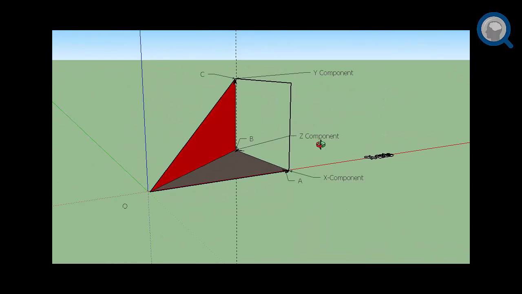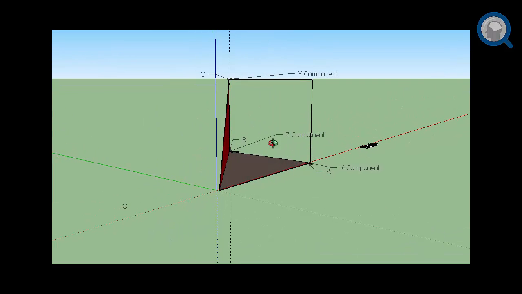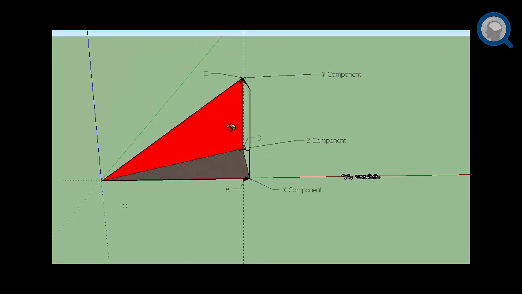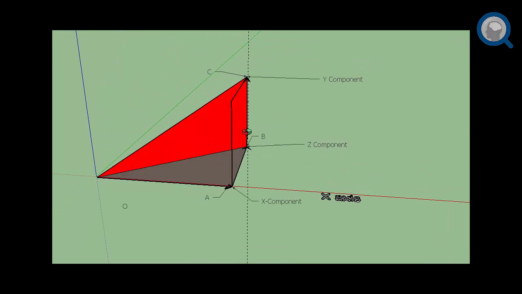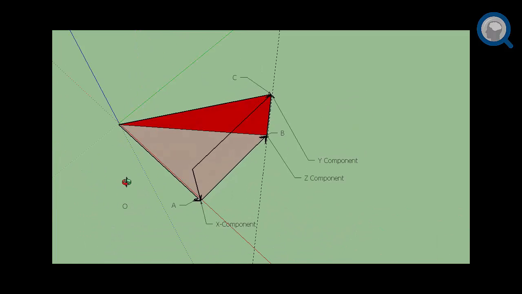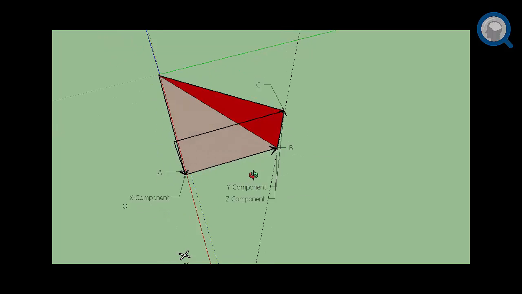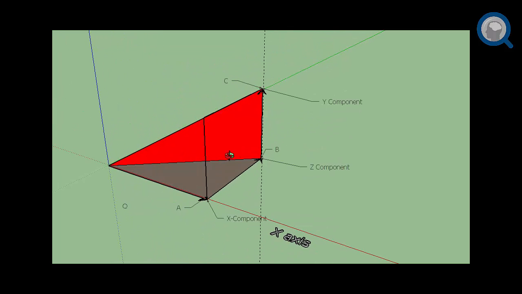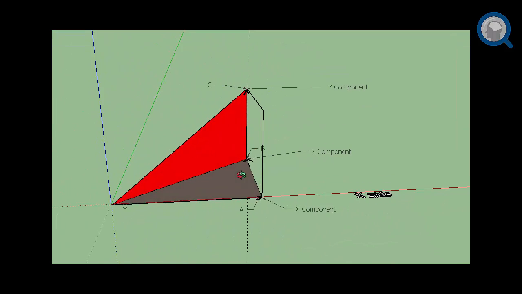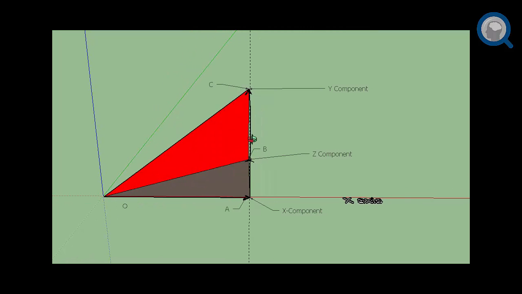BC is parallel to our y-axis. So we have 3 components, which are OA along the x-axis, AB along the z component, and BC along the y component. We'll solve these vectors and see how they give us the vector OC.